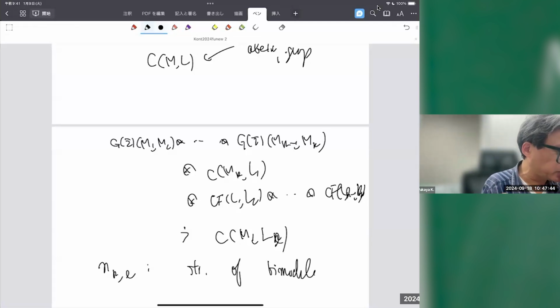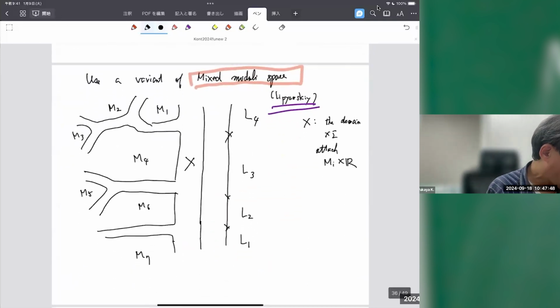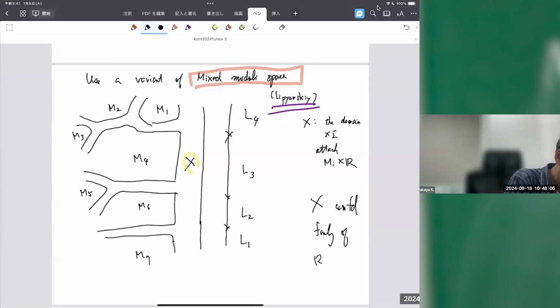And the idea is just to use this mixed moduli space. So now we consider this space. X here is something like a four-manifold, together with a family of Riemannian metrics. And the boundary of X is a bit different.